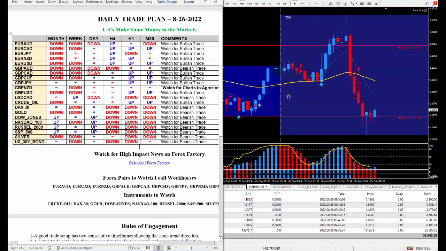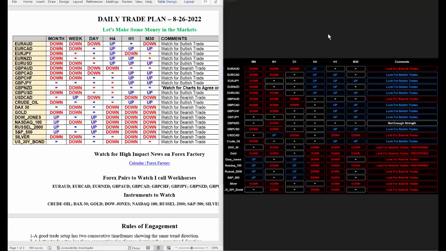And also I'm keeping an eye on not only this, but my daily trade plan expert advisor. So I am keeping an eye not only on the Word document, where I took a screenshot between 6 and 7 this morning.